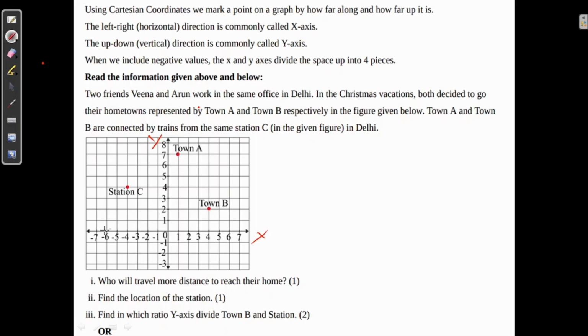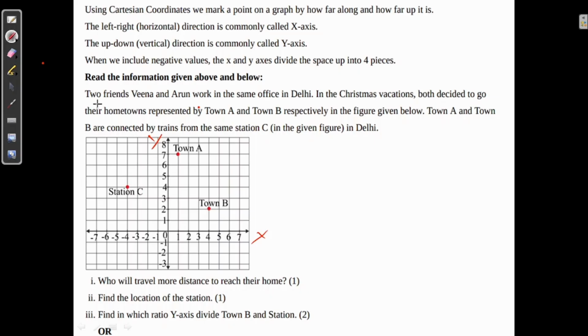If these two lines intersect, what are they called? Quadrants. Last year we studied this is the first quadrant, this is the second, third and fourth. I don't think it has any use now because it is very common. We know how to locate points, and the Cartesian system quadrants are only told to teach students how to locate points.